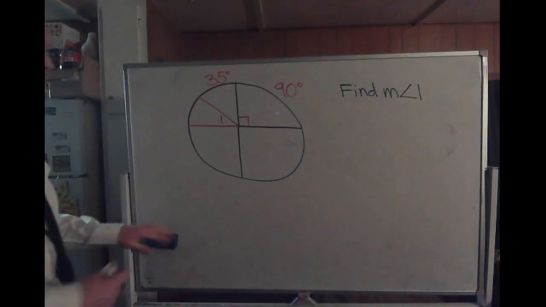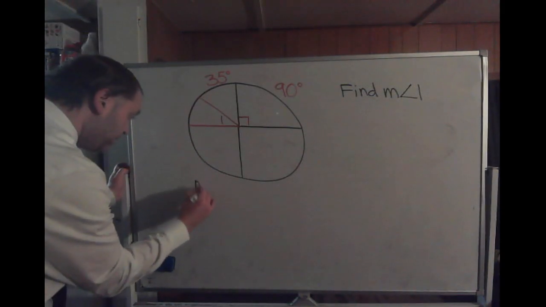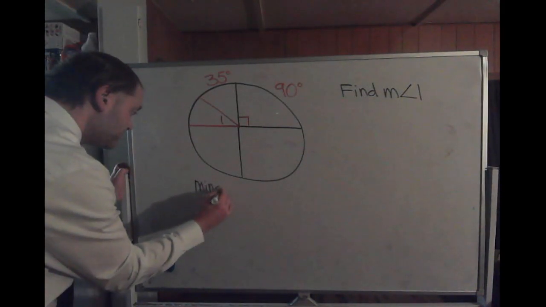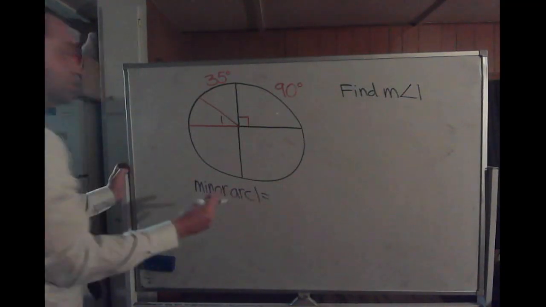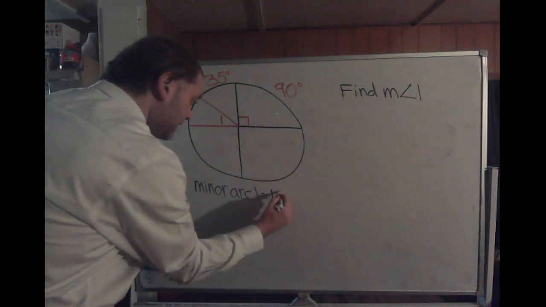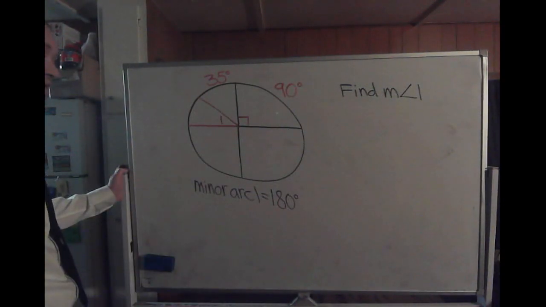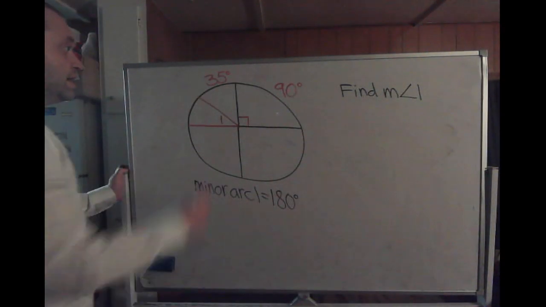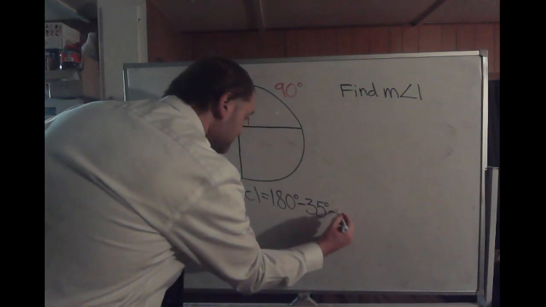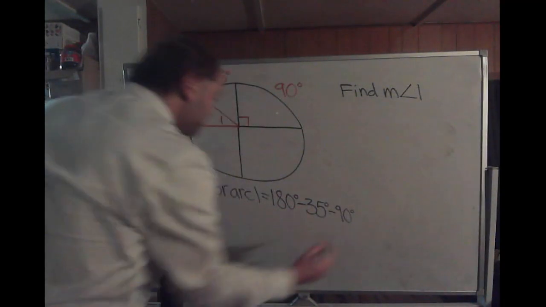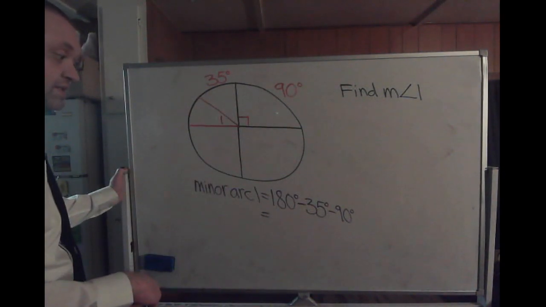So we need to start by finding minor arc 1. So minor arc 1 is going to be equal to, this time, 180 degrees, because it's inside of a semicircle. You can only reach 180 degrees in a semicircle. That'll be minus 35 degrees minus 90 degrees. What's 180 minus 35?